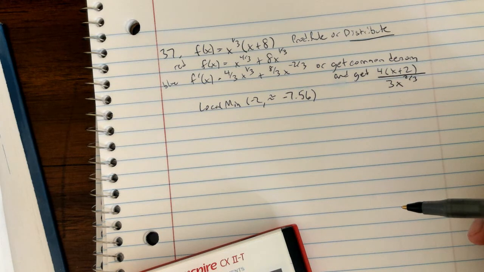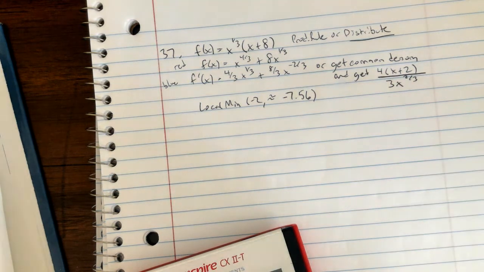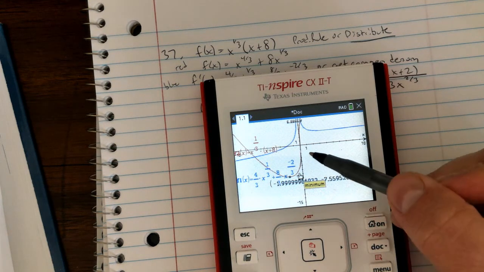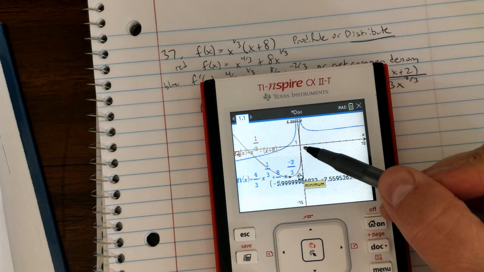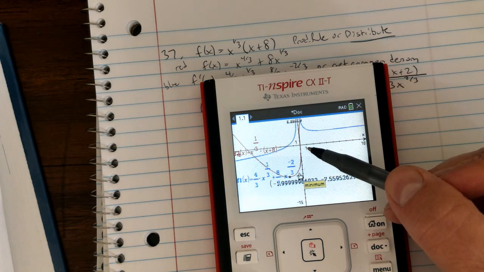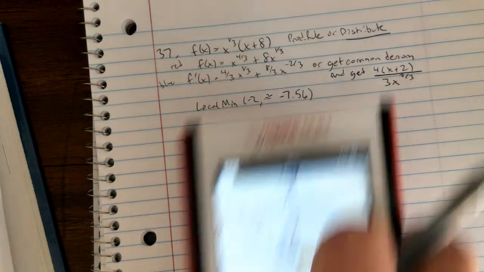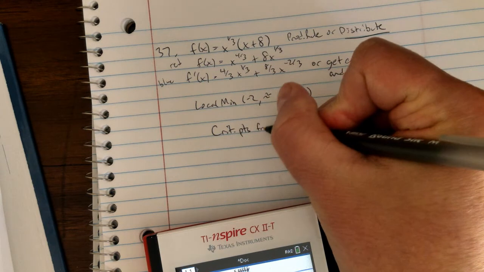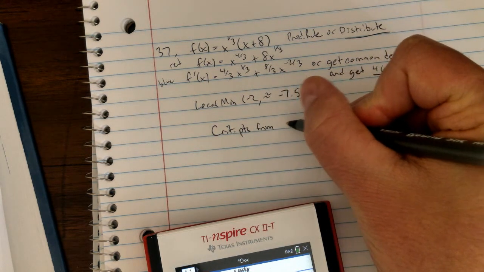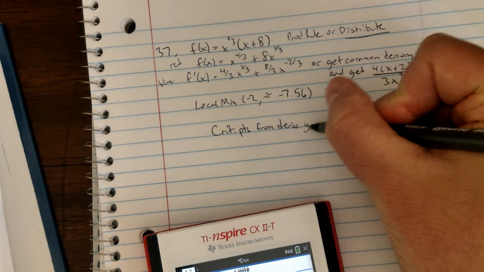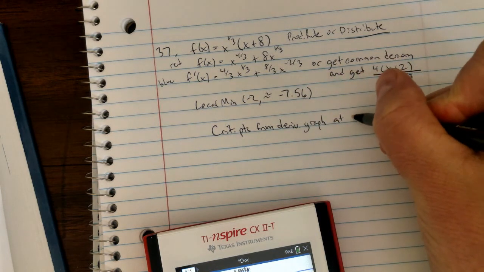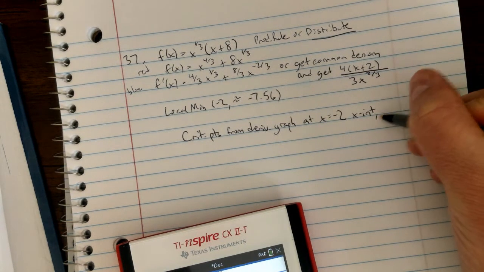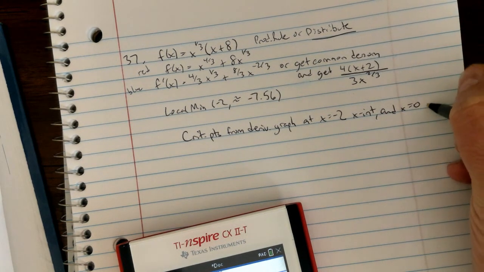Let's get our critical points. So looking at the blue graph, the -2 is an x-intercept, 0 is an asymptote, so those would be your critical points. So critical points from the derivative graph at x equal -2, which was an x-intercept, and x equals 0, which is where it was undefined.